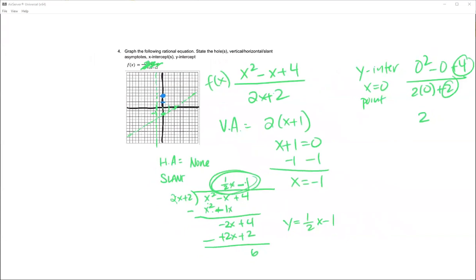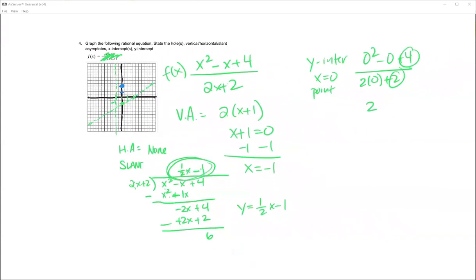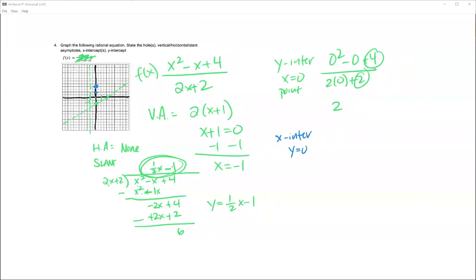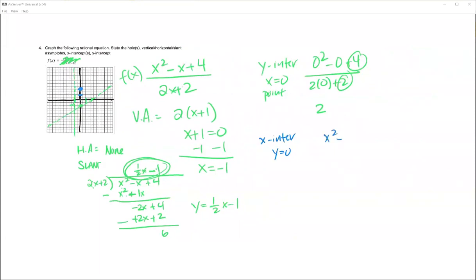And then let's try to find the x-intercept. The x-intercept is where what? y is equal to 0. You make the numerator equal to 0, so it'll be x squared minus x plus 4 is equal to 0. Can't factor, but we can use the quadratic formula. a is equal to 1, b is equal to -1, c is equal to 4.